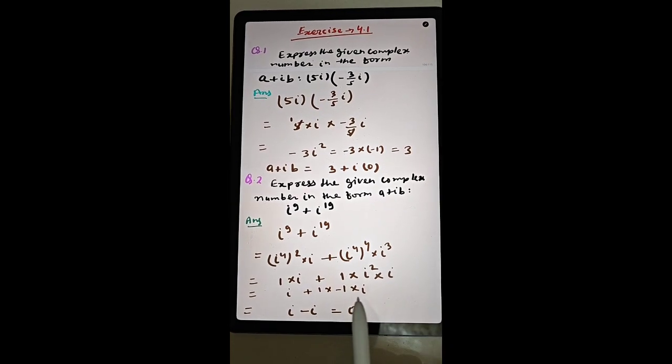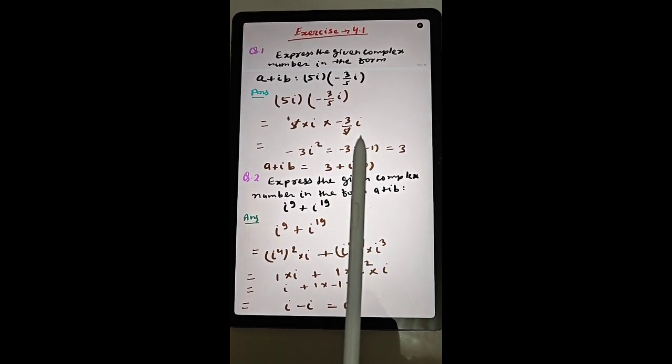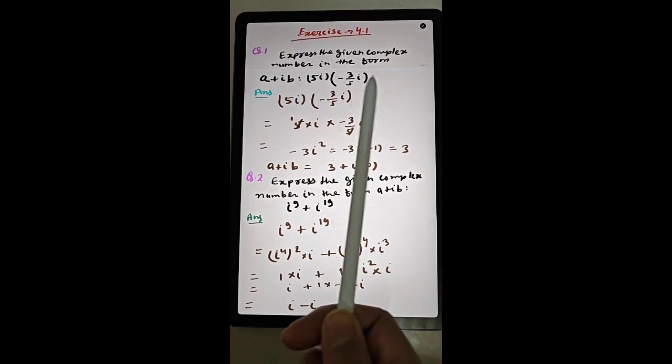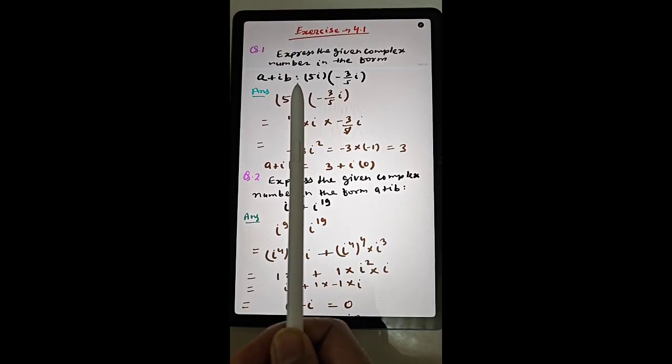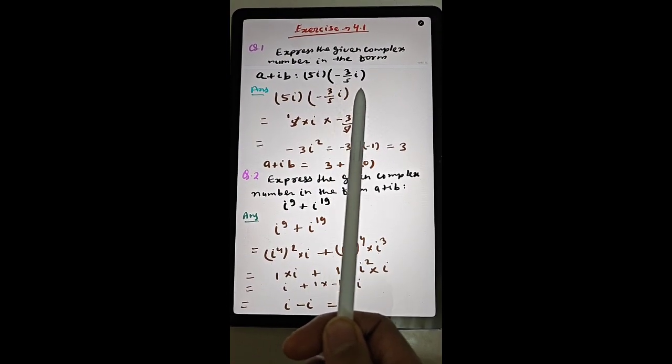This is the solution of Exercise 4.1, NCERT Class 11th, Complex Numbers chapter. The question is: express the given complex number in the form a plus ib, that is 5i into minus 3 upon 5i.